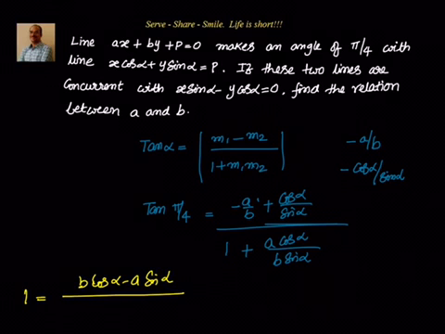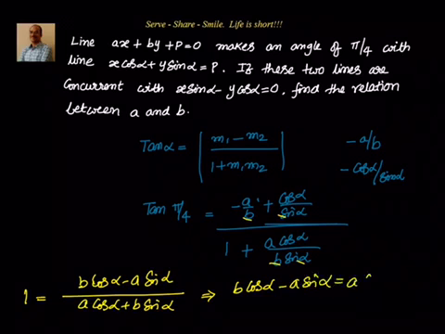I will have a cos alpha plus b sin alpha in the denominator. So next we will have b cos alpha minus a sin alpha is equal to a cos alpha plus b sin alpha.